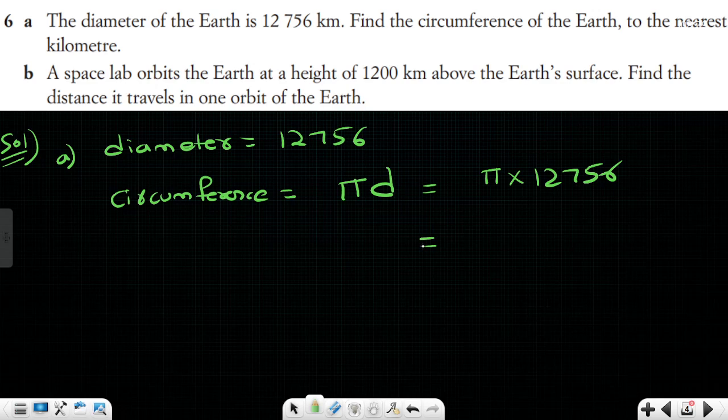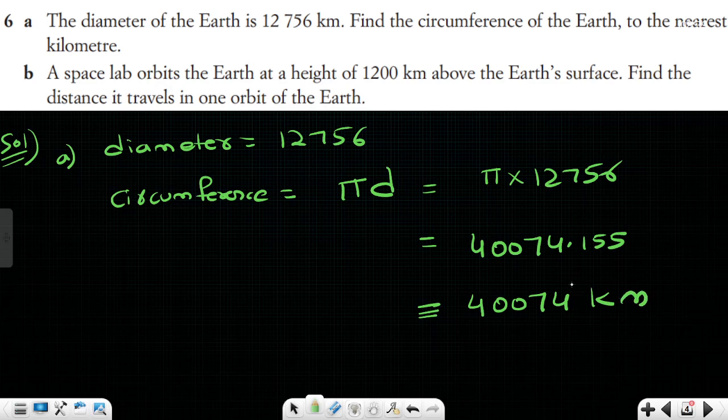They are asking you to calculate to the nearest kilometer. So I'm getting it as 40074.155. The actual answer will become, since they asked nearest, 40074 kilometers. Check the answer. We are doubtful in this kind of questions.